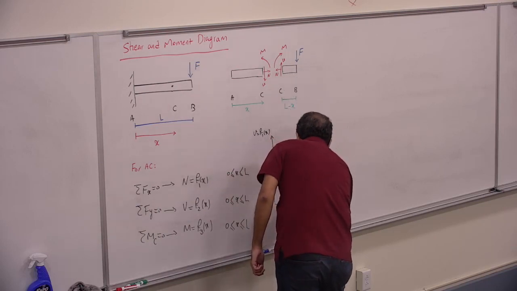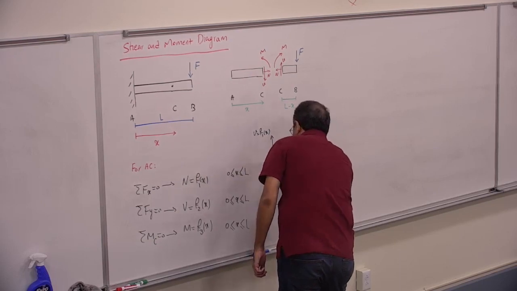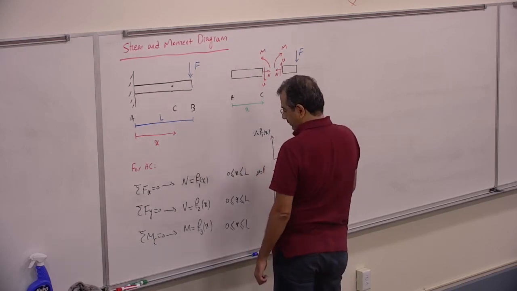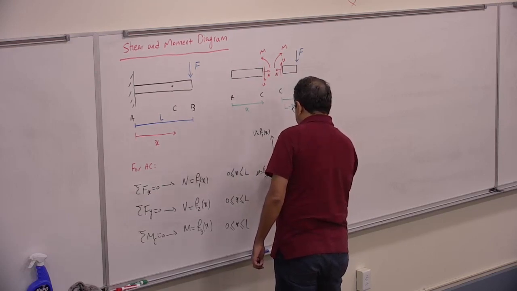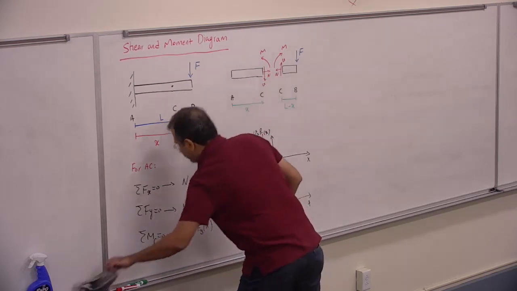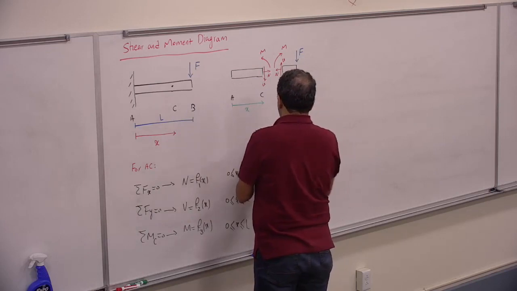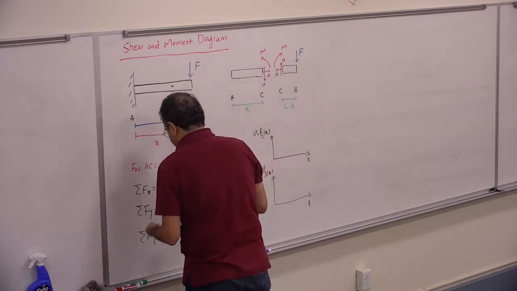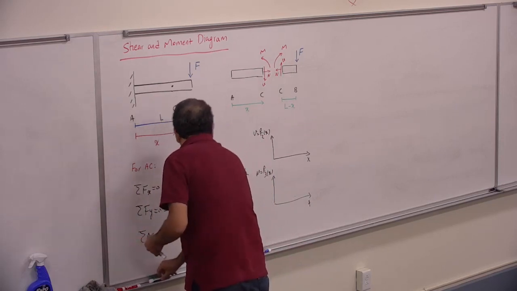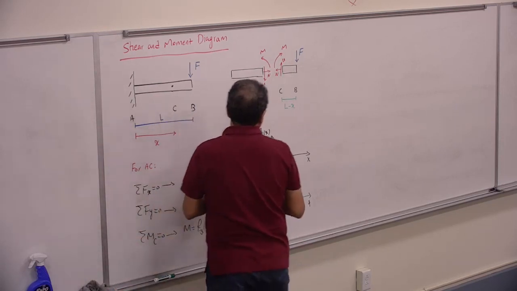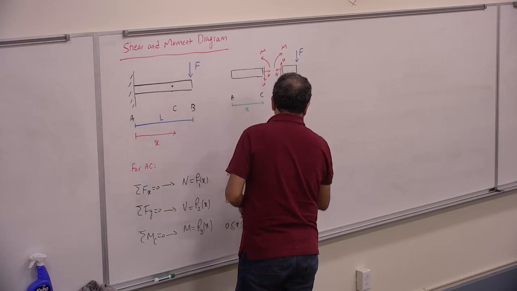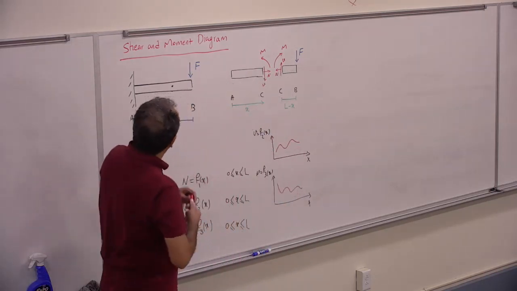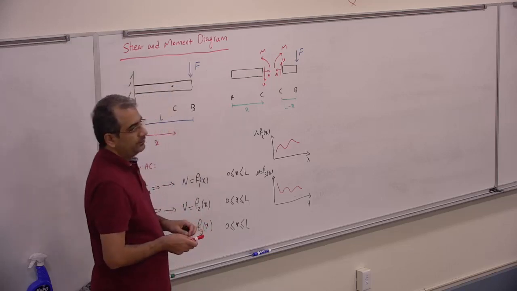And again, this is the x, and this is M as f2(x). And I will plot them, and these are going to be my shear and moment diagrams.